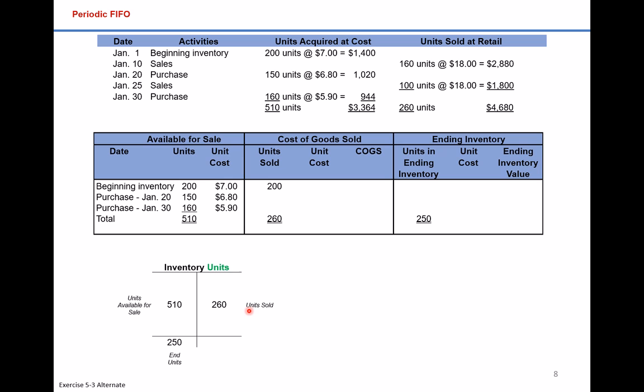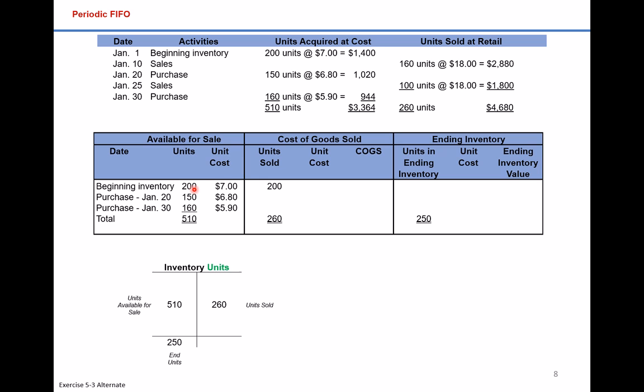Well, in this problem here, we know that we sold 260 and we're getting rid of the first cost first. So the first ones in are the first ones out. We have three layers of cost to choose from: the beginning inventory of 200 units, the January the 20th purchase of 150, and the January 30th purchase of 160. Which ones did we get first? Well, the beginning inventory is what we had first.